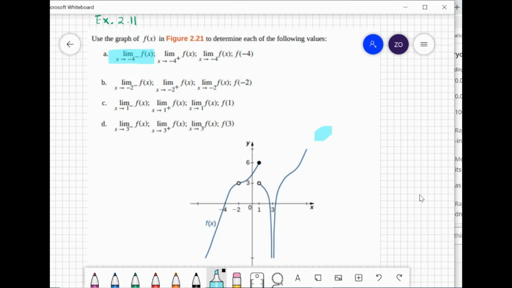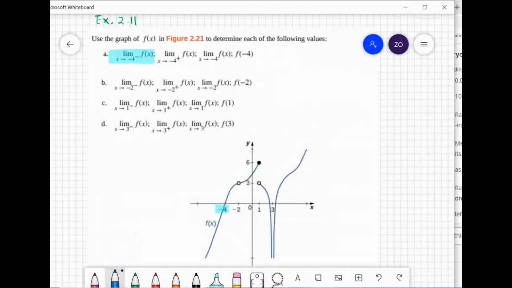This is the function f of x, what we see here, the graph. And we would like to find the limit of this function as x approaches -4, from the right side or left side. That's right. It's approaching from the left.